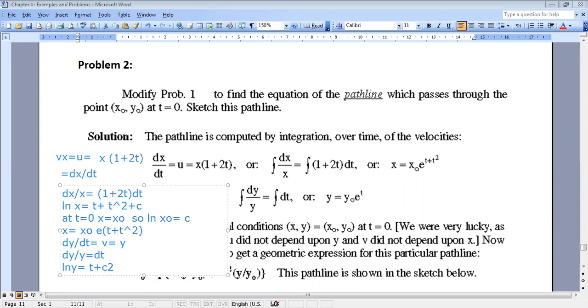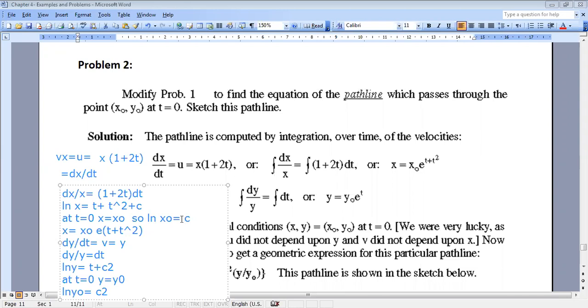To find c2, we replace by the boundary condition, knowing that at t equals 0, y is equal to y0. So ln of y0 is equal to c2.